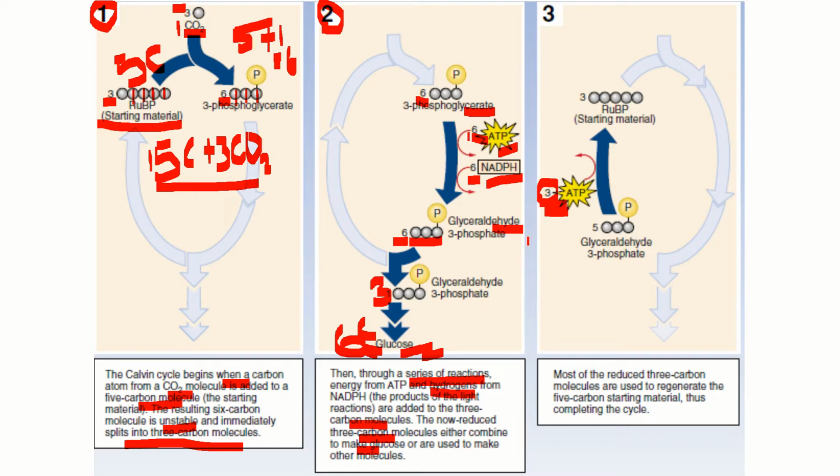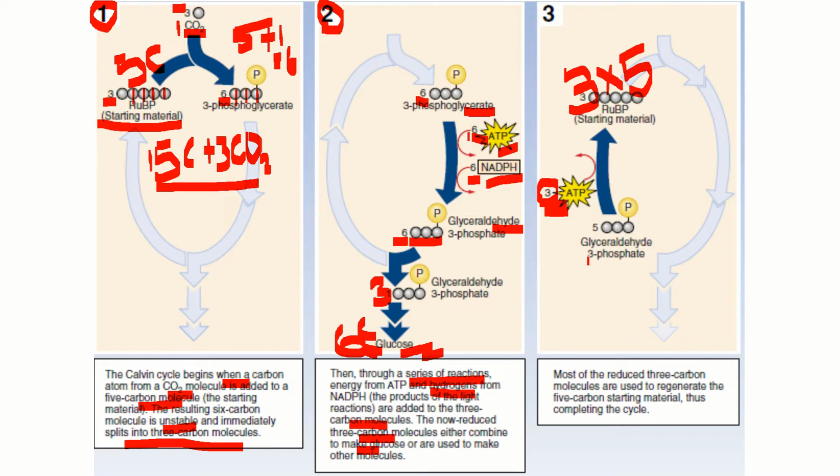Once again, we need to convert 5 glyceraldehyde 3-phosphate molecules into 3 RUBP molecules. How many carbons are there in 3 RUBP? It is 3 times 5. How many? 15.